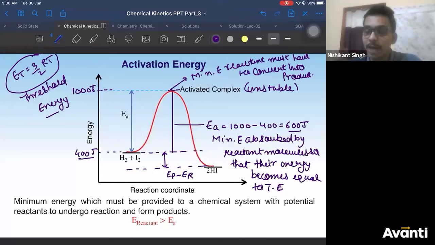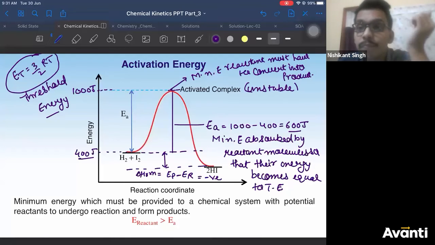Remember, enthalpy was written as summation of enthalpy of formation of products minus enthalpy of formation of reactants. Correct? So you can say this is nothing but the enthalpy of this reaction, right? And it will come out to be negative. Is that clear?